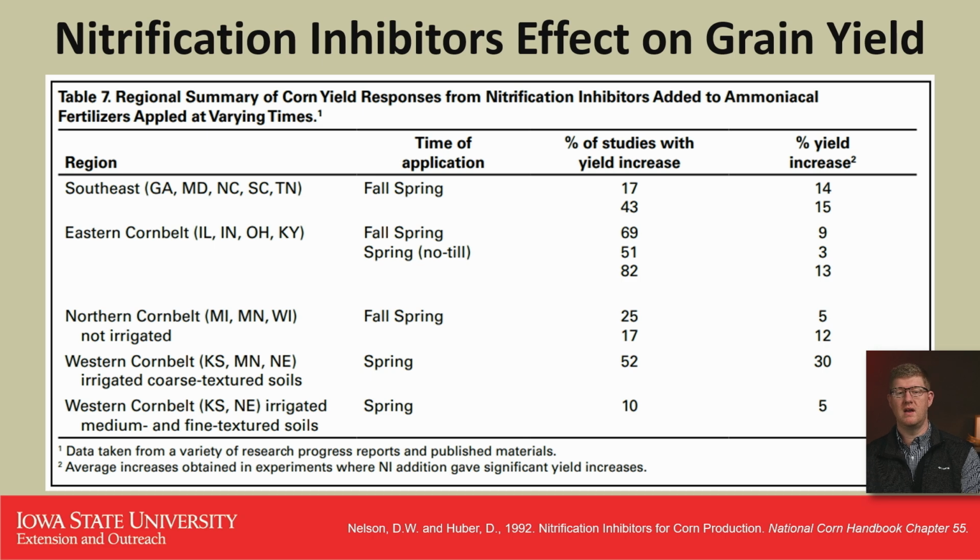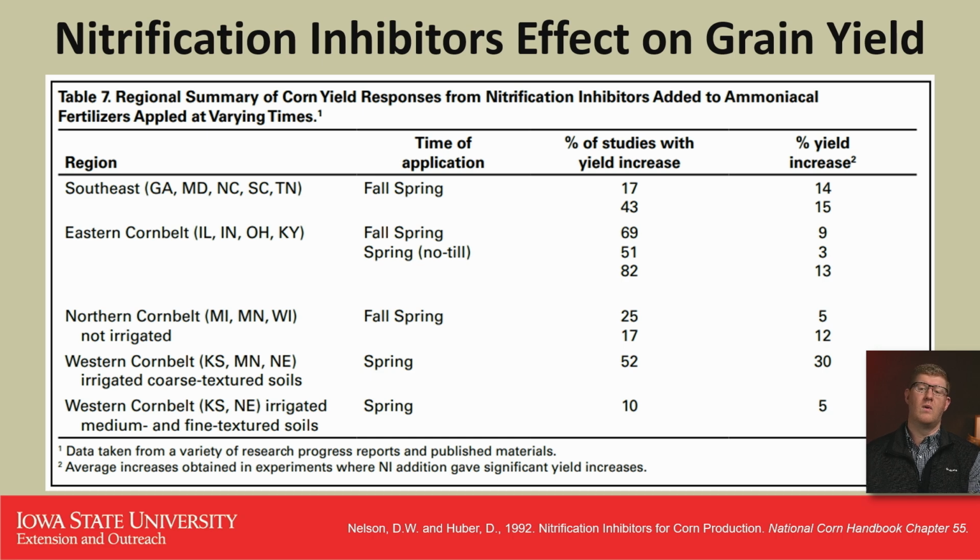But I think the takeaway here from this table is that, at least at the time that this was published, they were seeing the probability of a yield increase from using nitrification inhibitors ranging anywhere from 10 all the way up to 80% of the time, right? And the yield increase associated with that was on average anywhere from, let's say, 3 all the way up to 30% in some cases.